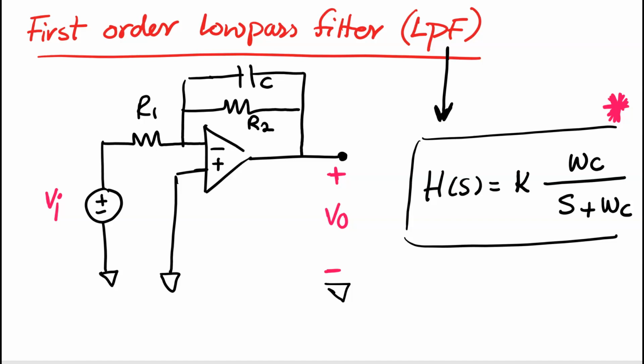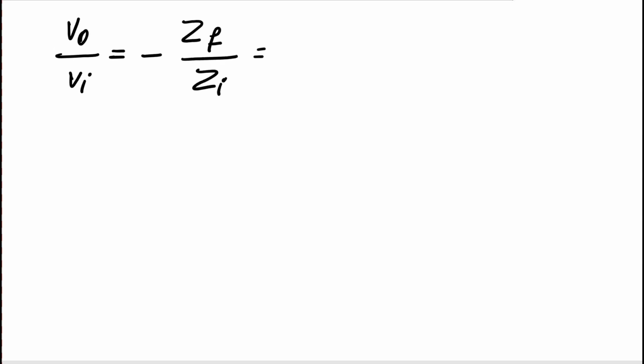So let me write the relationship between VO and VI in this circuit. I will describe the relationship between the output voltage and input voltage, which is equal to minus Zf over Zi. I know that Zf is R2 in parallel with 1 over CS in the Laplace domain, and my Zi is just one resistor, which is equal to R1.